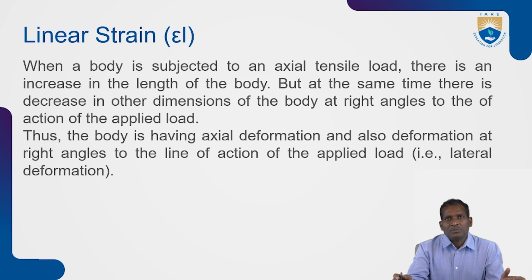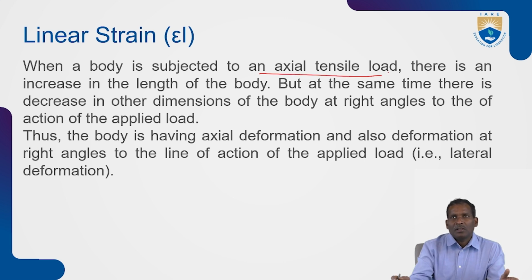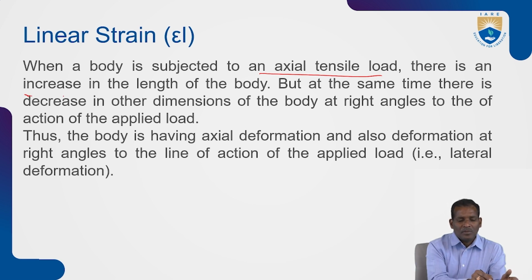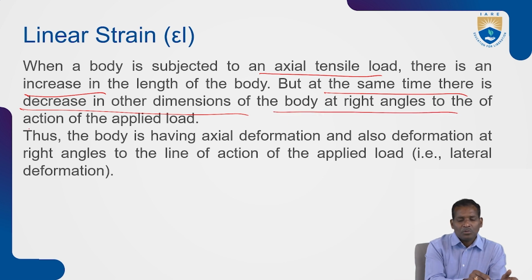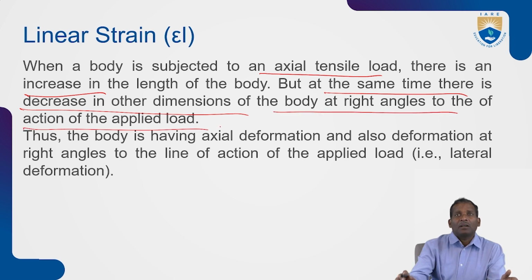So when a body is subjected to an axial tensile load, there is an increase in the length of the body, but at the same time there is a decrease in other dimensions of the body at right angles to the action of the applied load.